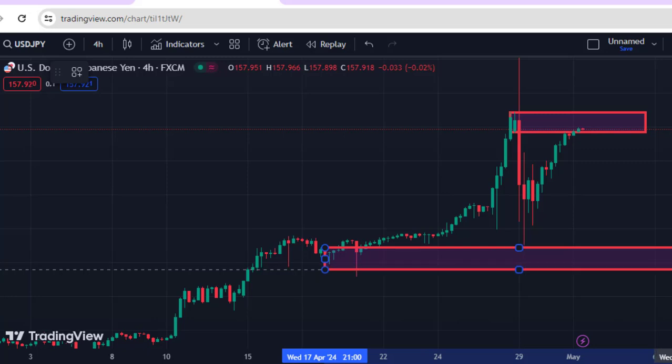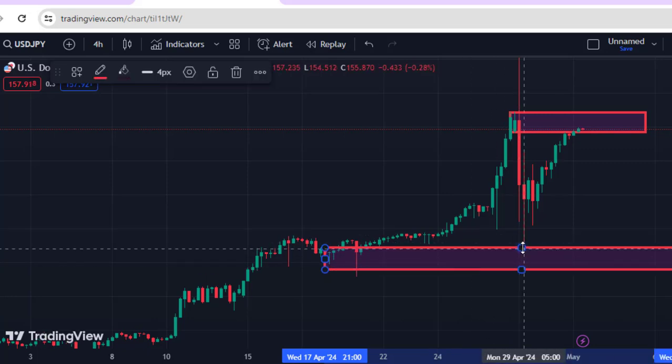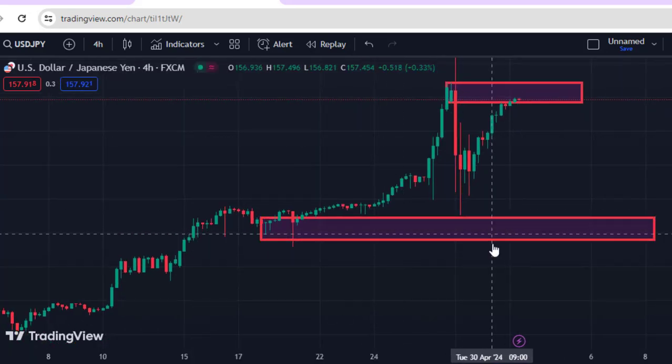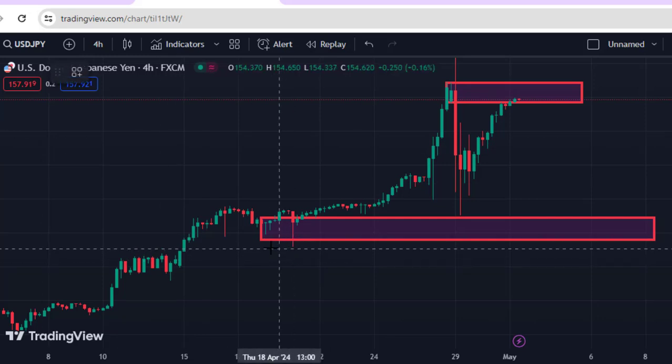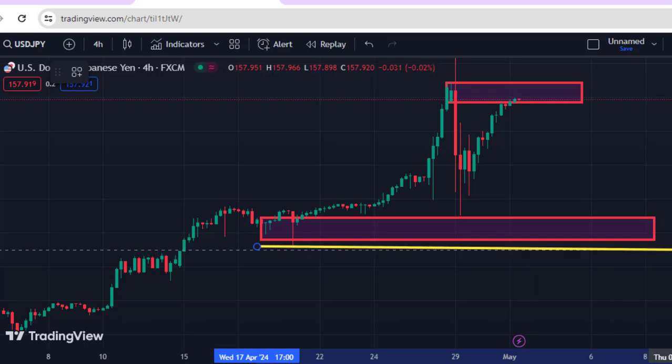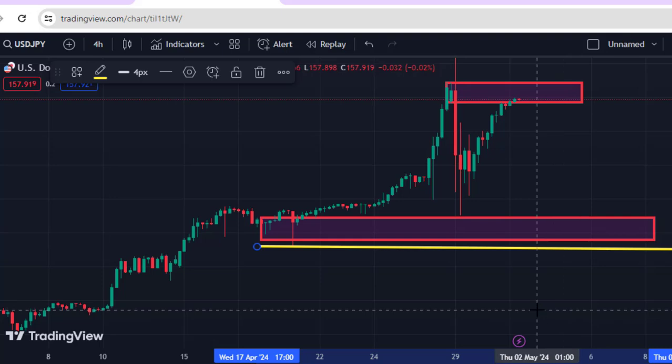Although the market came into that area and had rejection to the upside, until the market breaks this area and comes back down and takes out liquidity from this little rejection, we are not in a downtrend. So we are in an uptrend right now.